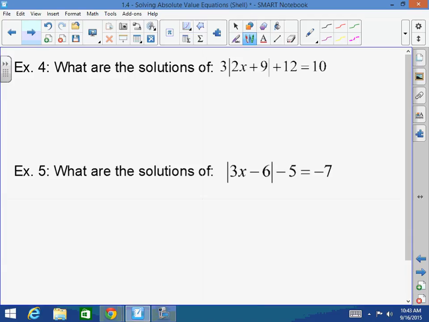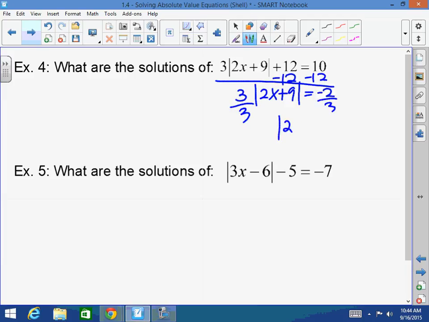All right. Is the absolute value here alone? No. I'm going to divide by 3. No. I have to undo addition and subtraction first. It's a two-step equation, guys. So I subtract 12 from both sides. I got 3 times the absolute value of 2x plus 9 equals negative 2. Divide by 3.